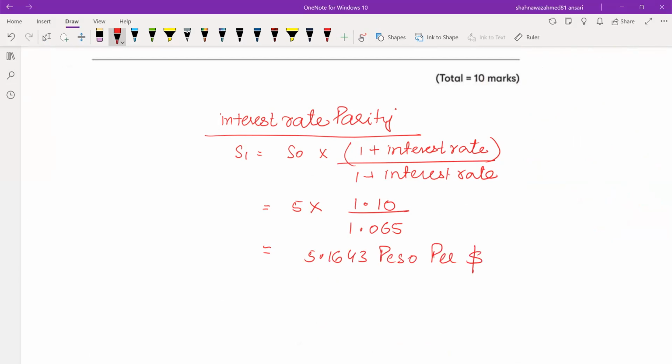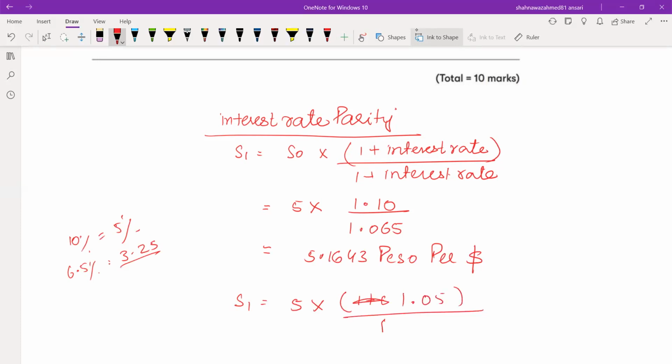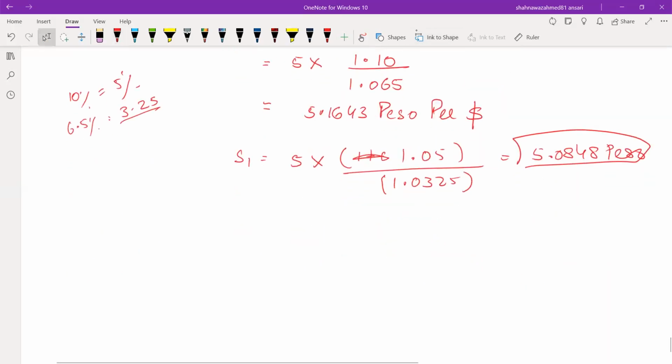And for a 6-month forward, same formula, but then we have to convert this 10% into 5% for a half year and 6.5% into 3.25%. So accordingly, it is 1.05 over 1.0325 and the rate is 5.0848 peso. These are the two forward rates on the basis of interest rate parity.